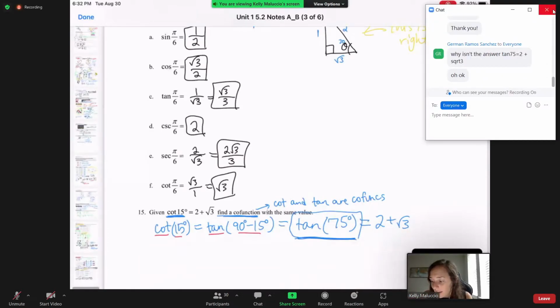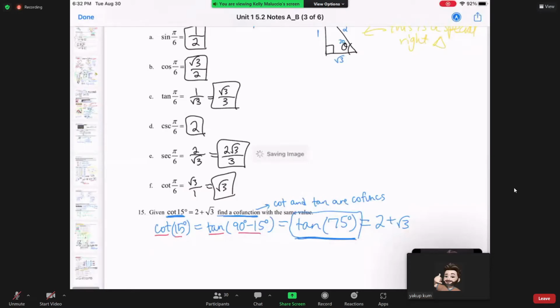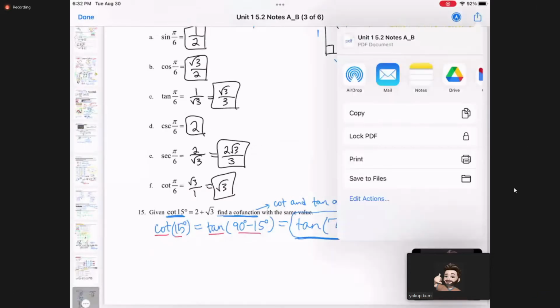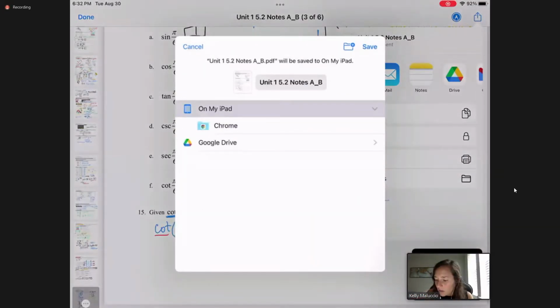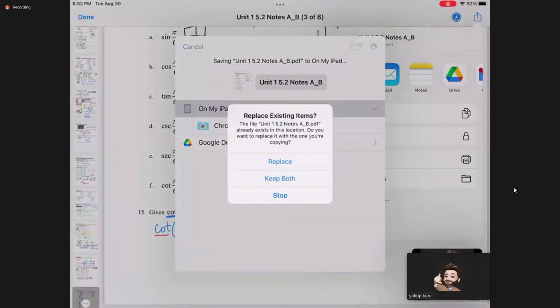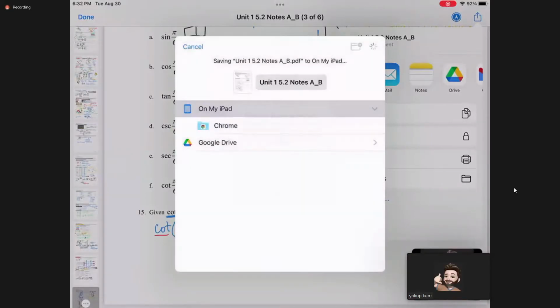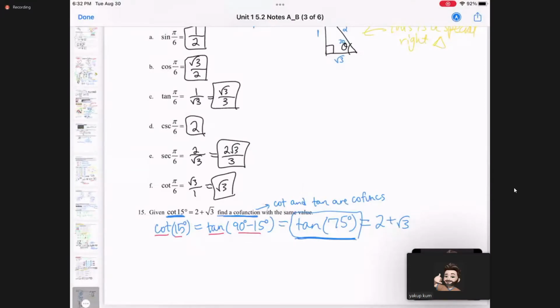Is it wrong to use the inverse function here? In my calculator, for example, I can enter 2 plus square root of 3 with inverse of tangent. Yeah, but are you in degree or radian mode?